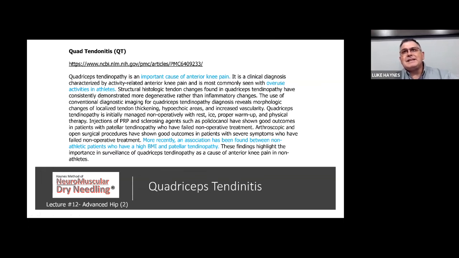I tend to see quad tendonitis as well as patellar tendonitis, which we'll talk about when we talk about the knee, in patients who have less than favorable outcomes from knee scope or knee replacement. Those patients that lack terminal extension, a lot of times that anterior knee pain is more a quadricep tendonitis or a patellar tendonitis than our customary anterior knee IT band friction and things of that nature.